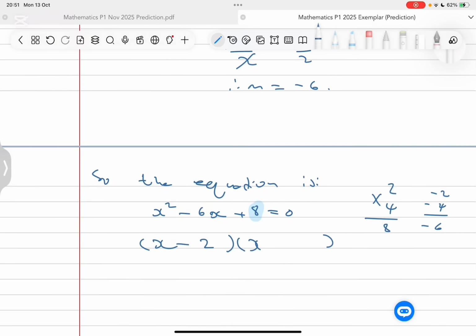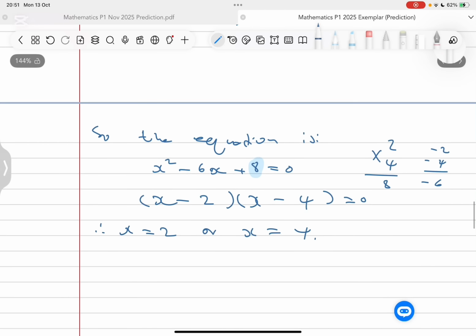So that means now our other root, or the other factor, should be x minus 4, and this is equal to 0. So this would then mean that we're going to have a 2, or we're going to have a 4. Remember that this one we were given, we're expecting this.